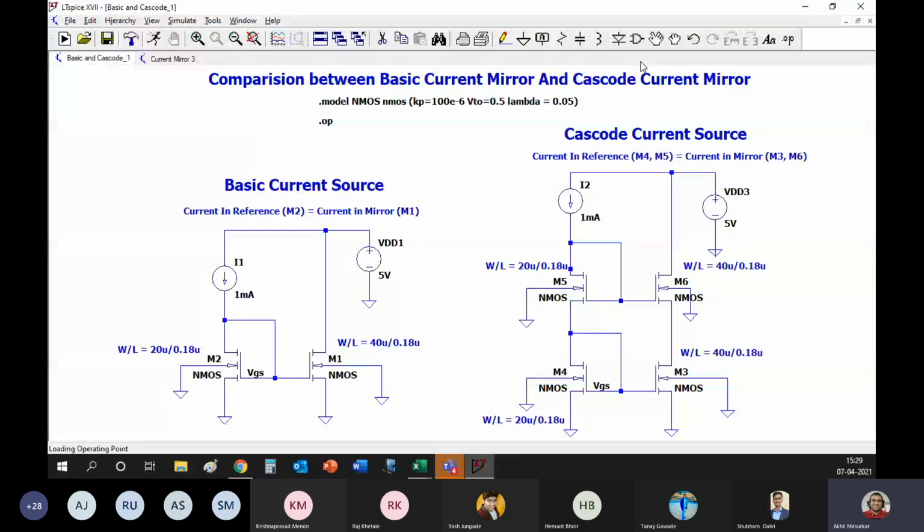Now in this circuit, what we have done here is this.